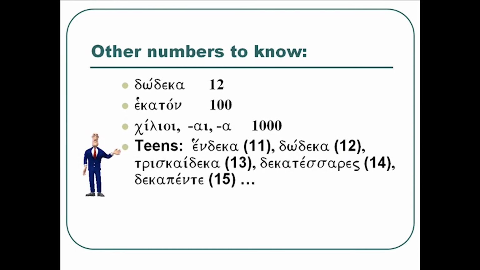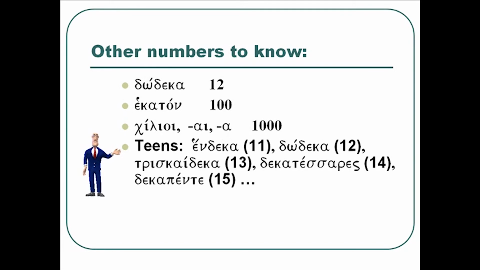Let's just run through the teens and then the 10s, 20s, 30s, because that'll tell us how to put the in-between numbers together. Hendeca is 11. Hen will be 1. Deca is 10. Dodeca, as we said, was 12, with duo, 2 plus 10 is 12.